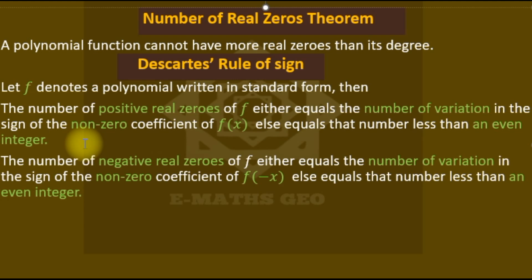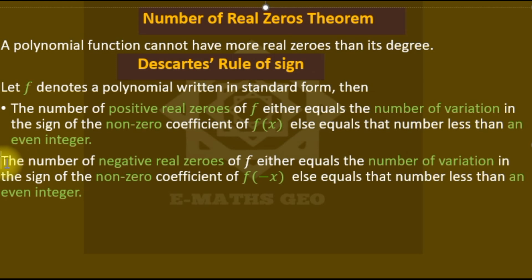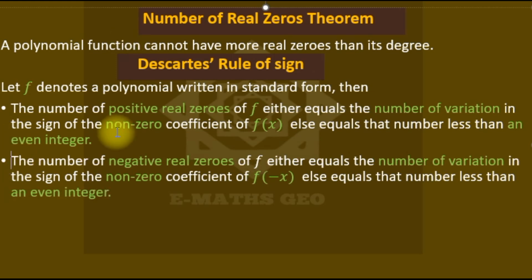So we are saying that it has two conditions. The first one is this, while the second one is the other one down. For it to have positive real zeros, the number is always equal to the number of variations of sign of the function f(x), or less than it by an even integer.